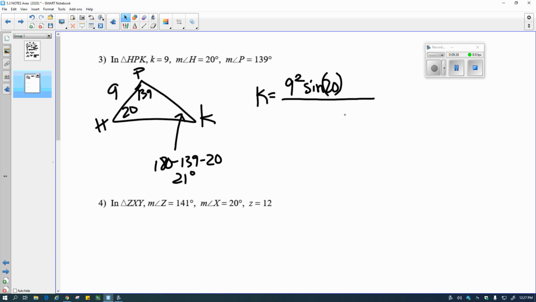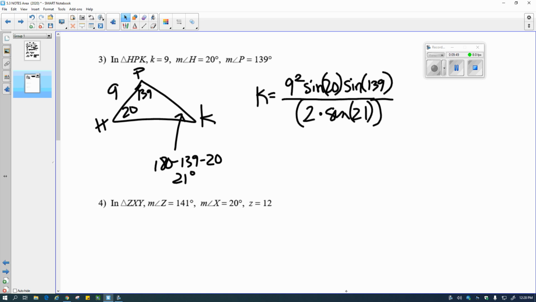I'm going to close that off in parentheses when I plug it in my calculator, times the sine of 139. Again, I'm going to close that off, divided by parenthesis 2 times the sine of that last one, 21. I'm going to have to close that off. So a lot of parentheses in there. Please make sure that you're putting the parentheses in when you use your calculator.